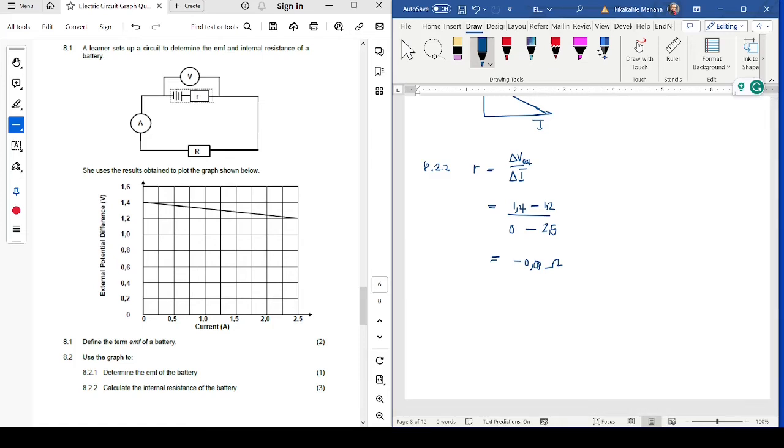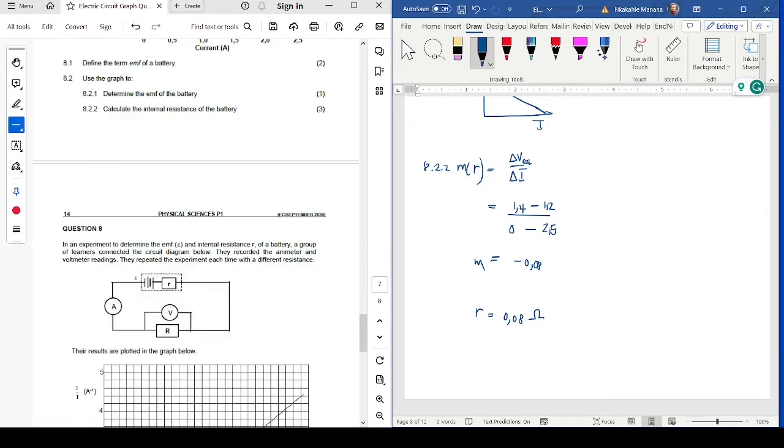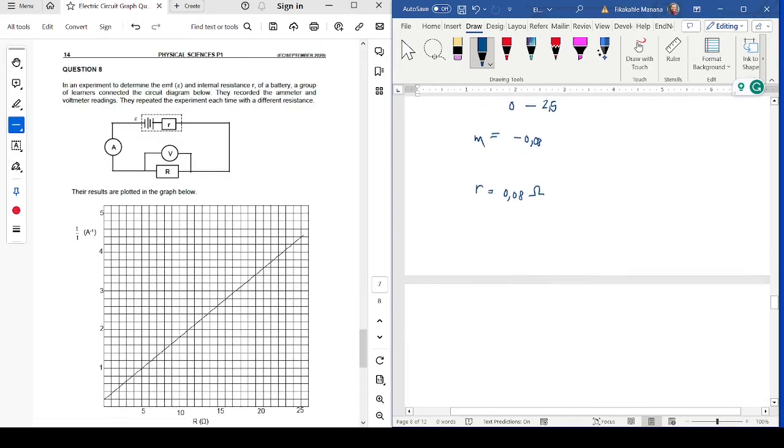Okay, but yeah, your internal resistance can't really be negative, so that is your gradient. Let's just say gradient, and then your internal resistance is just going to be 0,08 ohm. And is that it? Yes, that's it. Short questions. Nice.